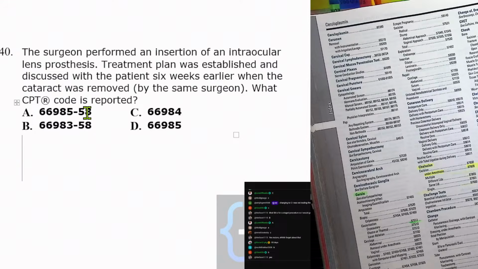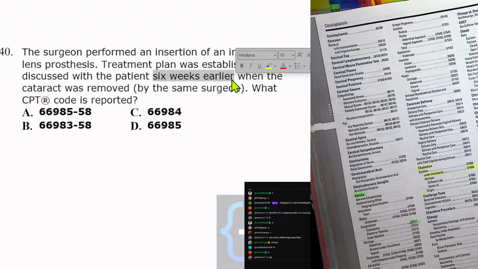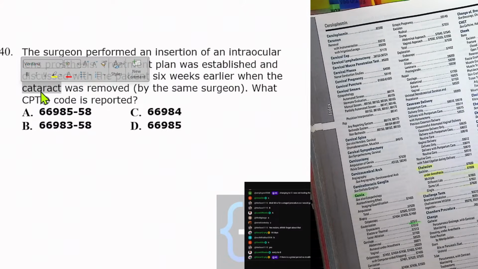Don't always assume that the 6 weeks earlier statement would hold true for a 58 modifier. Just make sure you recognize that some procedures are not 90 days.